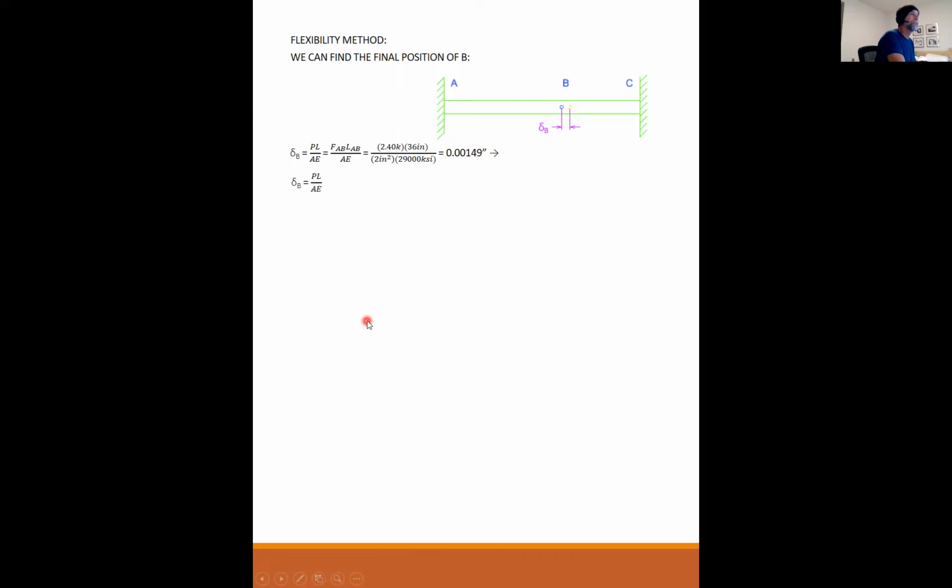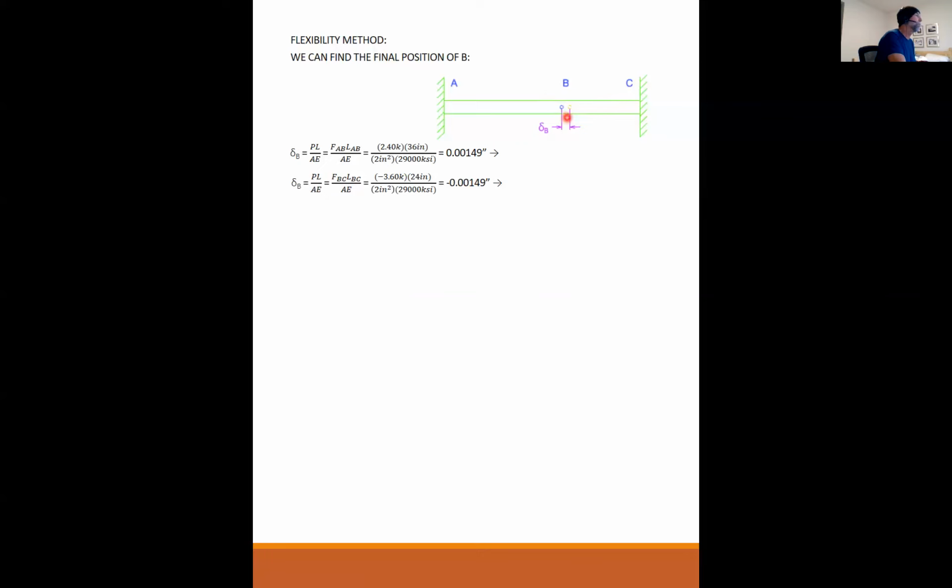You could double check this by confirming that F_BC L_BC over AE, which according to the axial load diagram is minus 3.6 kips over a length of 24 inches, gives you minus 0.00149 inches. These had better be the same because node B is node B on this side or that side.